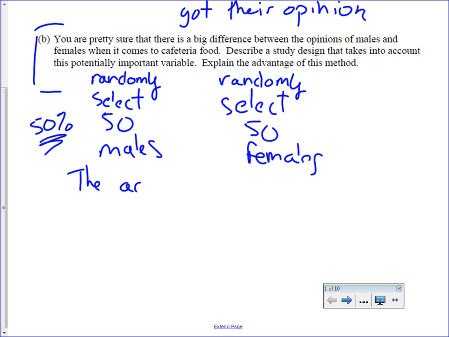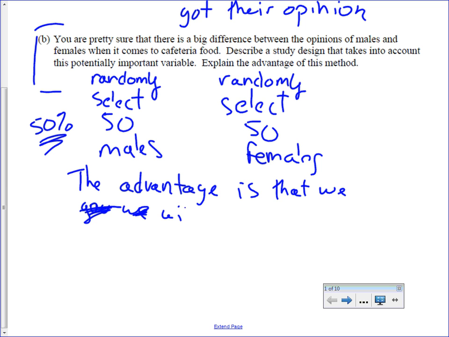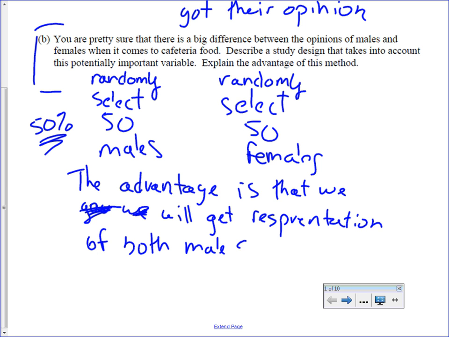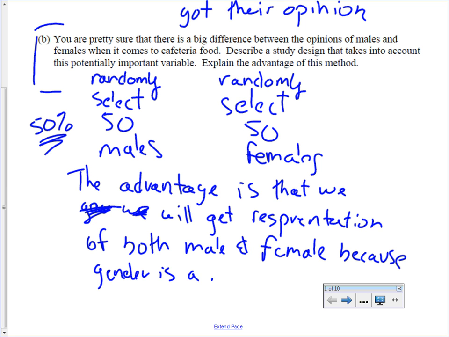The advantage is that it guarantees that we will get representation of both male and female, because gender is a potentially confounding variable.